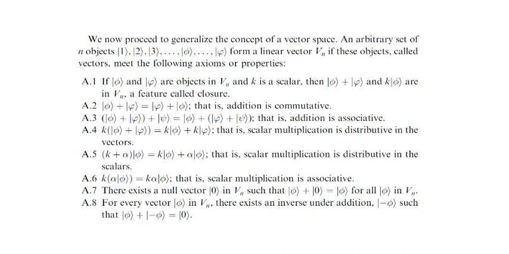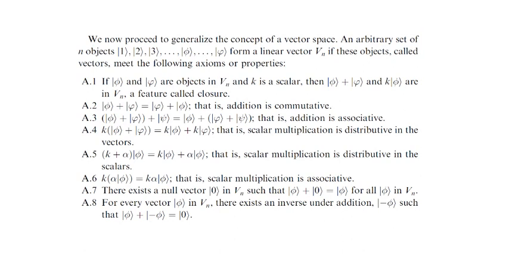If phi and psi are objects in Vn and k is a scalar, then phi plus psi as well as k times phi are in Vn. This feature is called closure. I'll explain it a bit. If you are considering two objects in the vector space, when you add those objects, you get a new object, and that new object is also a member of Vn.